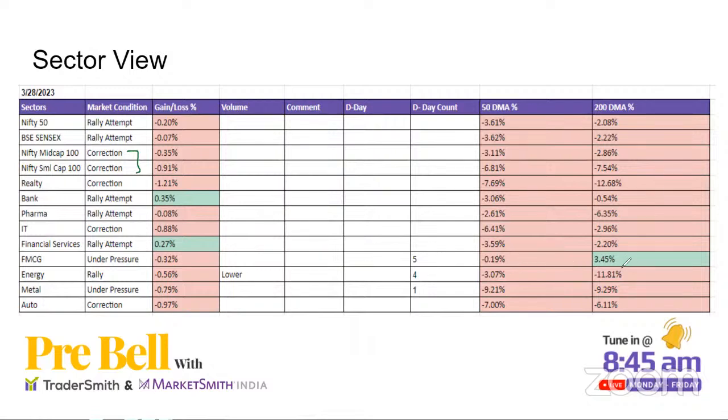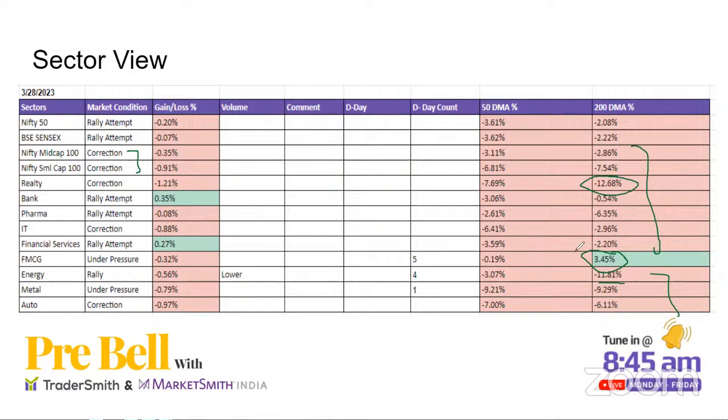FMCG is the only one that is probably holding above the 200 DMA. All the other indices have gone below the 200 DMA, which is not a good sign. Even energy, being in rally, is still 11.8% below the 200 DMA. Even realty has taken a major hit, and is trading 12.6% below the 200 DMA.